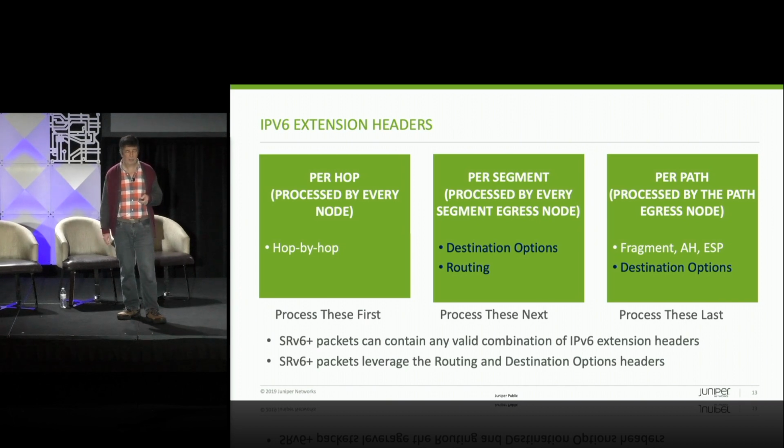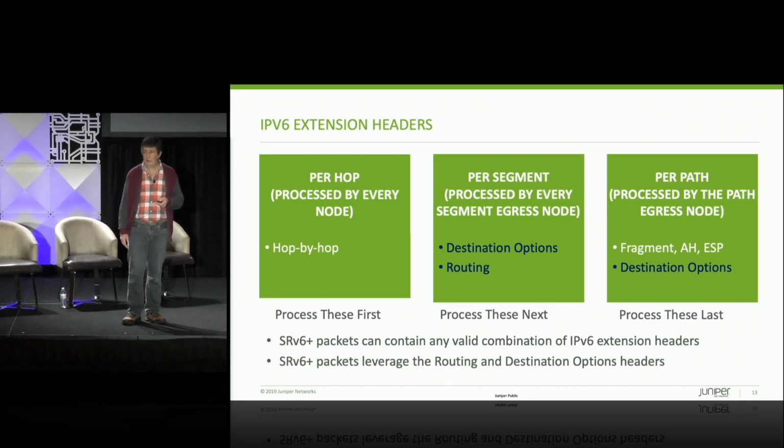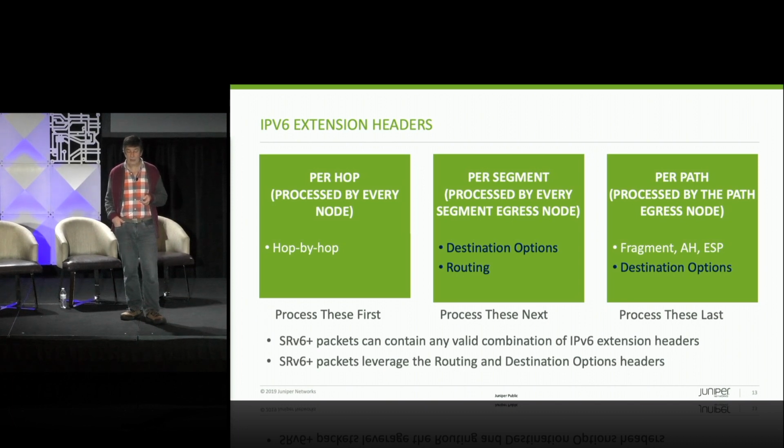And there are a bunch of them: fragment, authentication header, encapsulating security payload, and another destination options. Now, an SRv6 packet can carry any valid combination of IPv6 extension headers, but it leverages the routing and destination options header. And we're going to talk about how it leverages those 2 headers in just a second.